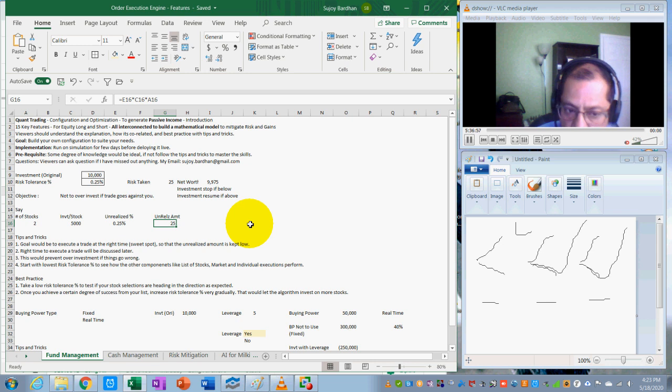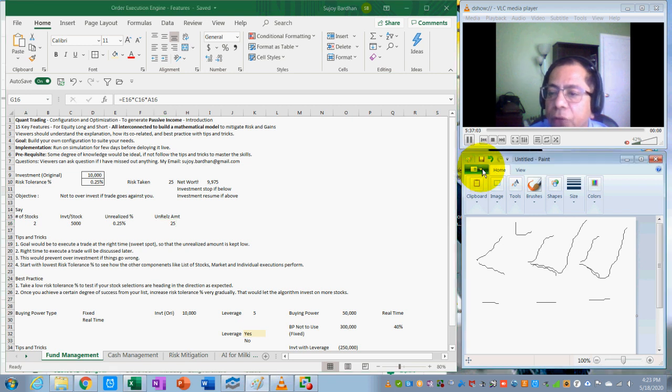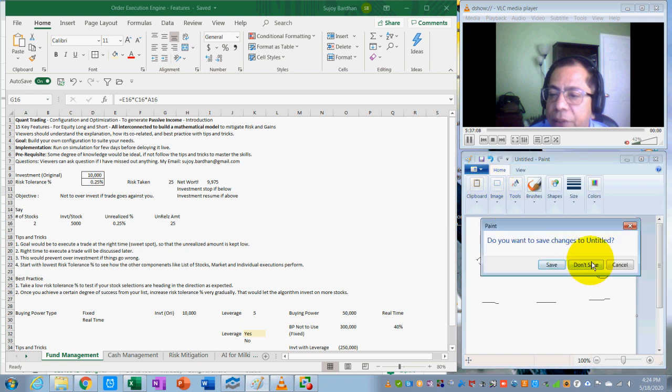The point I'm trying to make is, let me clean this up a little bit so that again I can draw something different. Let me say it is as new.